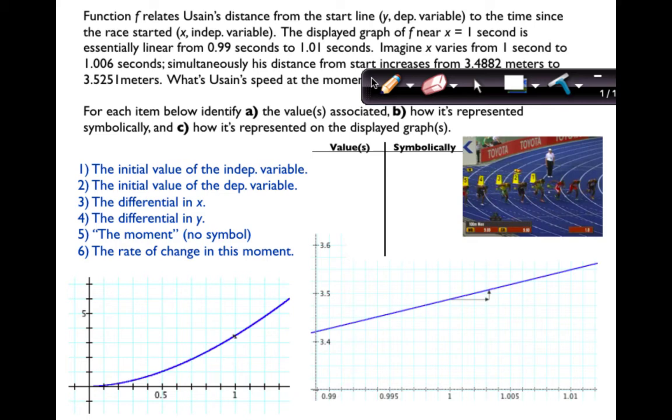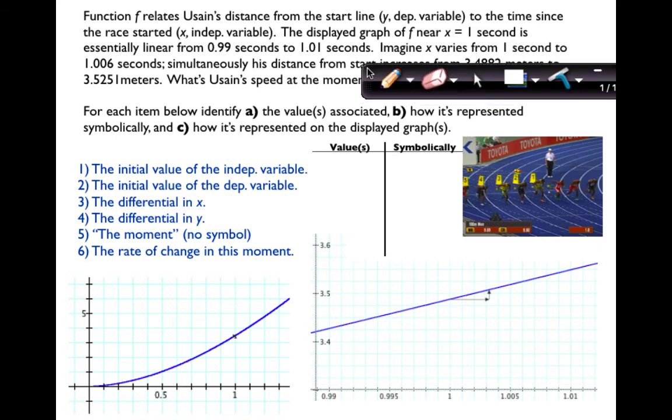We're looking at Usain Bolt running, about 1 second into the race. Based on this diagram that was moving to the right with the arrows, I want to talk about the initial value of the independent variable, the initial value of the dependent variable, the differential in x, the differential in y, and the moment that we're talking about.